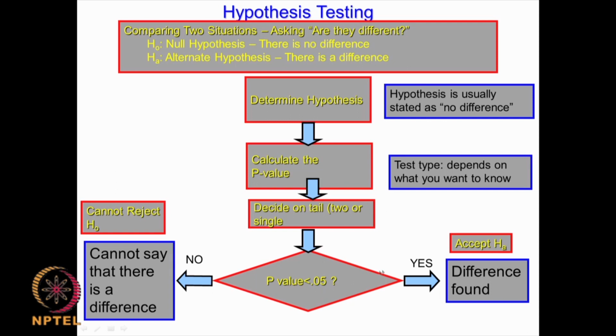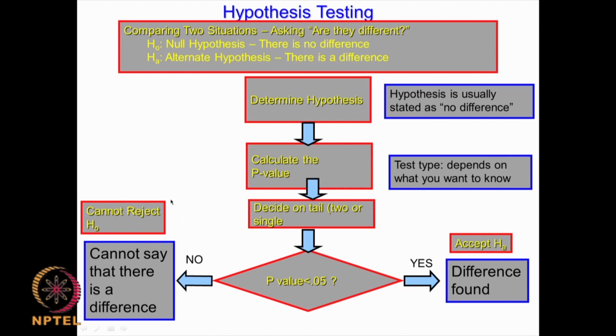If it is less, then obviously you reject the null hypothesis, so you accept the alternate hypothesis. If the p value is not less than 0.05 or 0.01, you do not reject the null hypothesis, as there is no reason for you to reject it. This is how any statistical analysis is carried out, and this is called hypothesis testing.